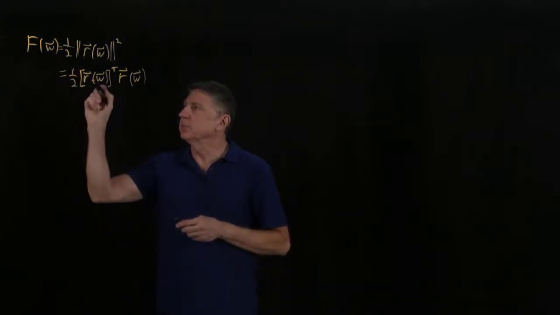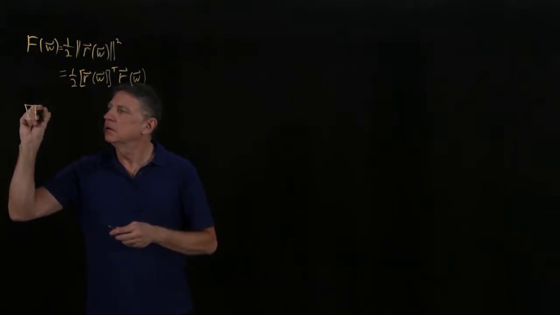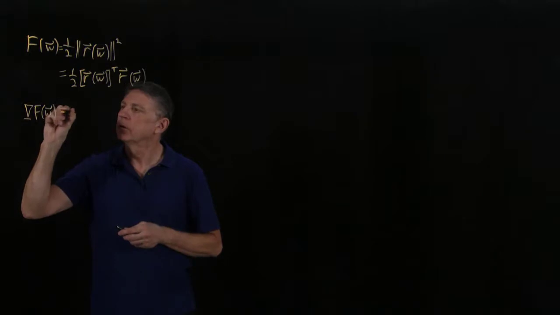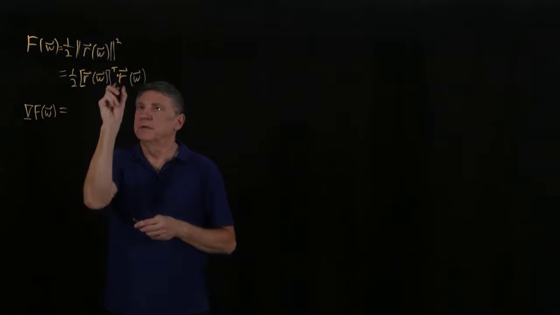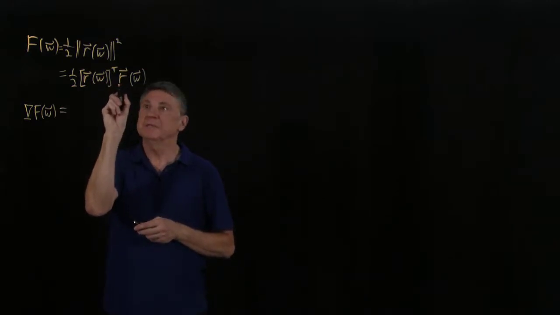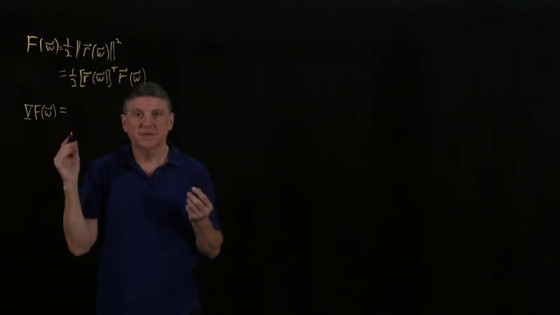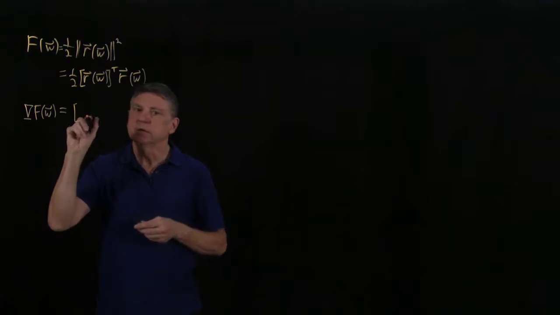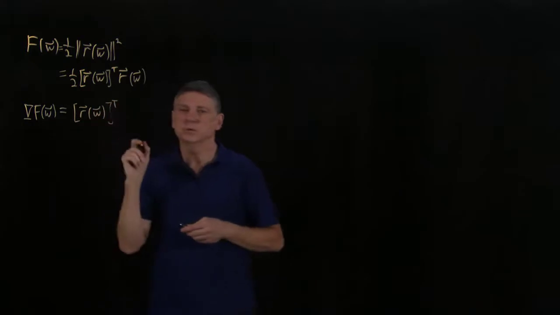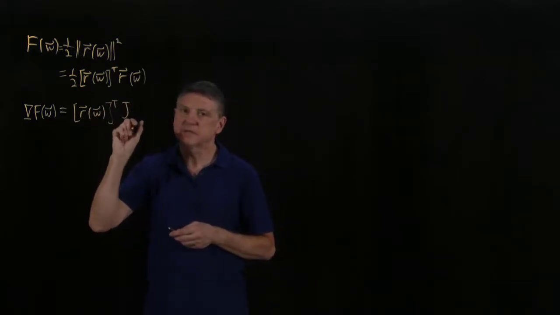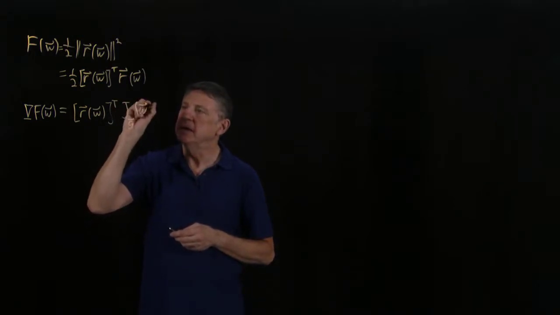And if we differentiate that, then the gradient of the objective function will be, using the methods from previous sessions, the residual vector transposed times the Jacobian matrix for the model vector evaluated at w.